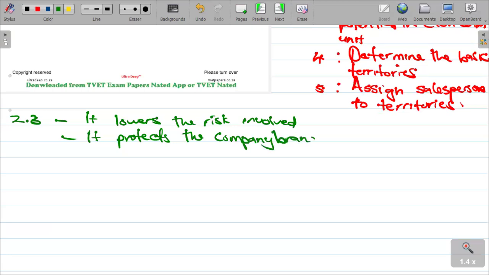It also lowers the level of pressure in the buyer-seller relationship.